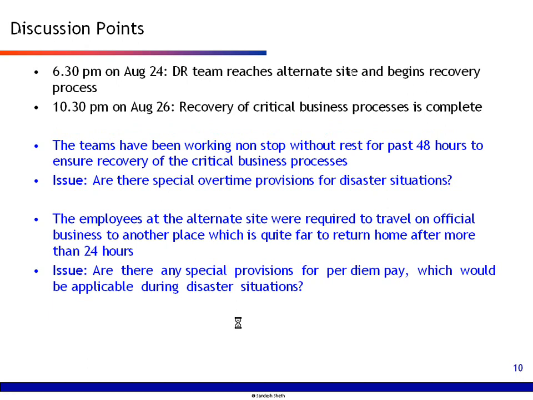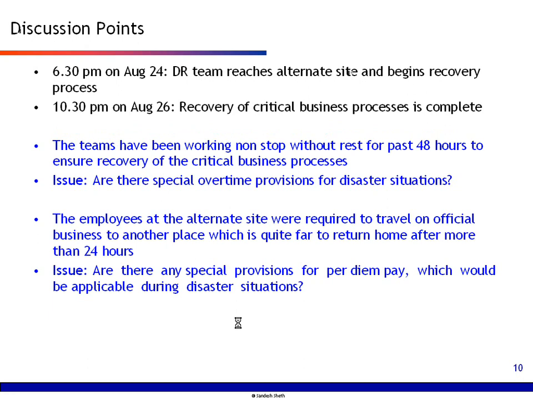Question: are there any special overtime provisions for disaster situations? These teams would be at the warm site for at least 3 to 5 days, so they would not be able to return home after 24 hours. Question: are there any special provisions for per diem pay which would be applicable during the disaster situation?